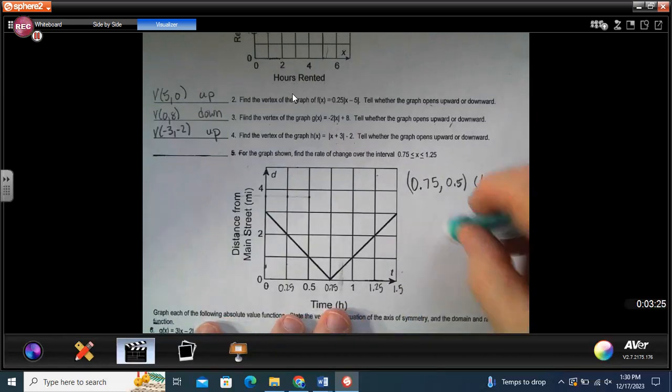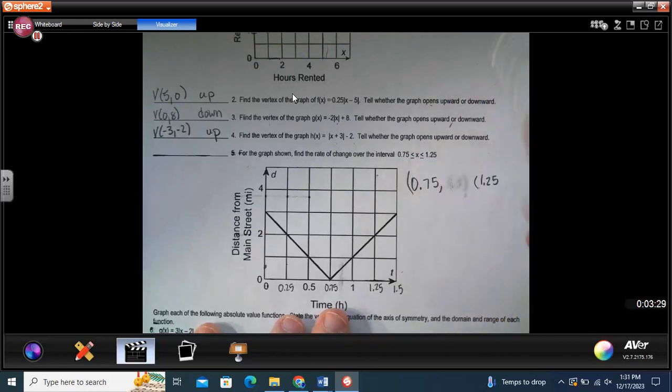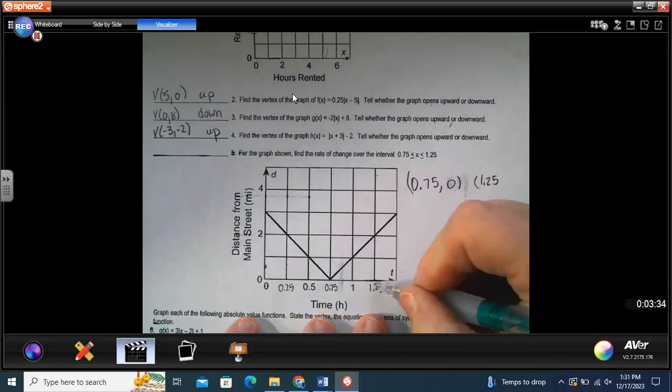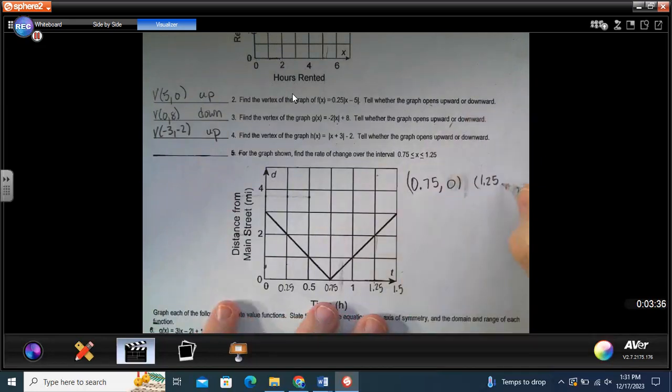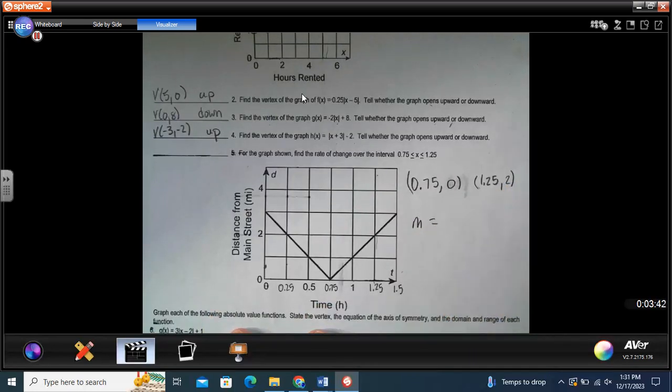So 0.75, the y-coordinate is 0. And 1.25, the y-coordinate is 2. So the slope, which is the average rate of change, is 2 minus 0 over 1.25 minus 0.75.